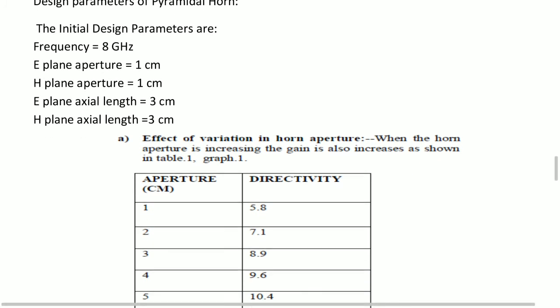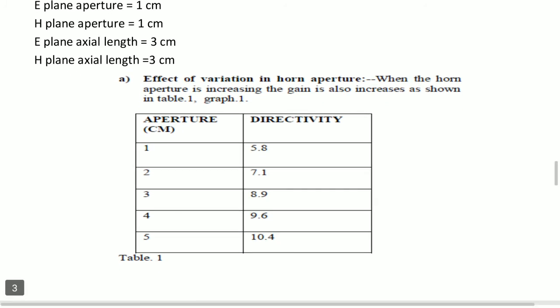So from this table, you can see the effect of variation in the horn aperture. Aperture is the front portion of the horn, which is nothing but the cross section. In the first column, the aperture is given in centimeter. We are increasing the horn aperture: 1 centimeter, 2, 3, 4, and 5 centimeter.